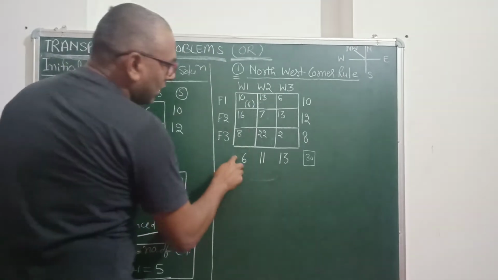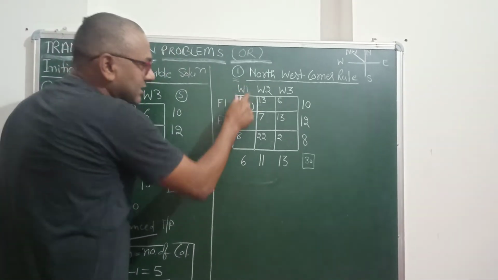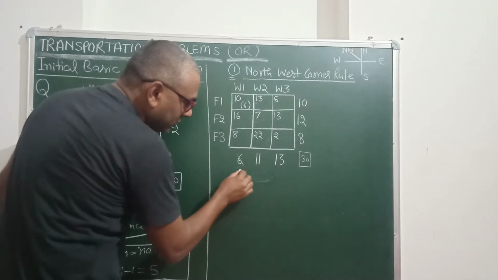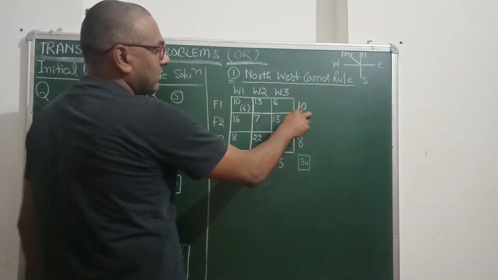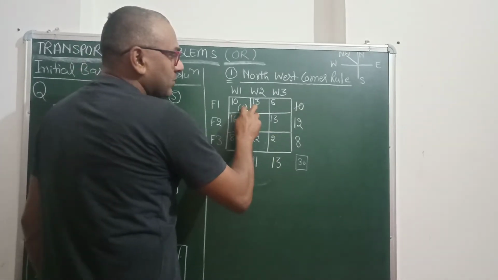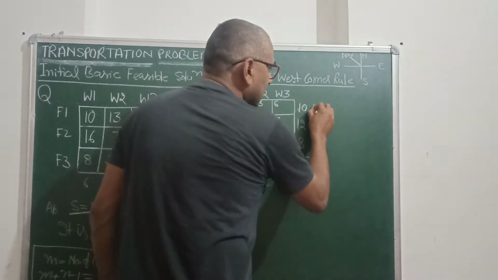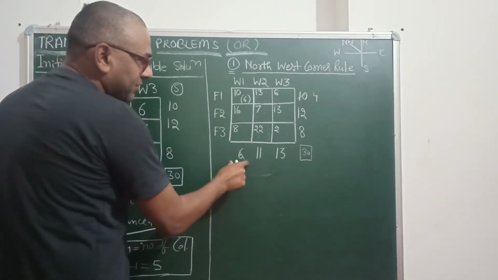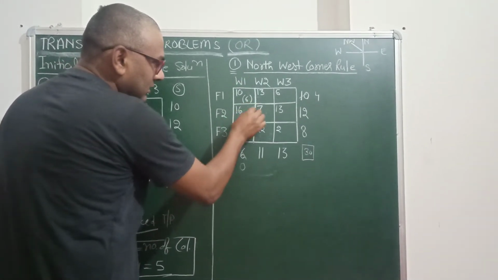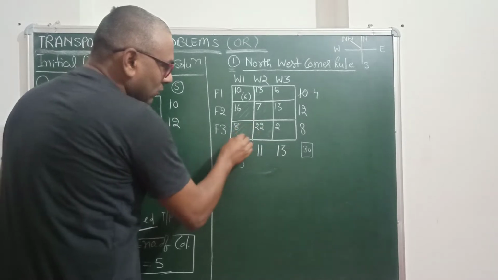Now the demand of warehouse 1 is complete, so no unit is left, so this is 0, and out of 10 available supply 6 has been allocated, so the remaining value is 4. As there is no more demand for warehouse 1, this column is of no need.